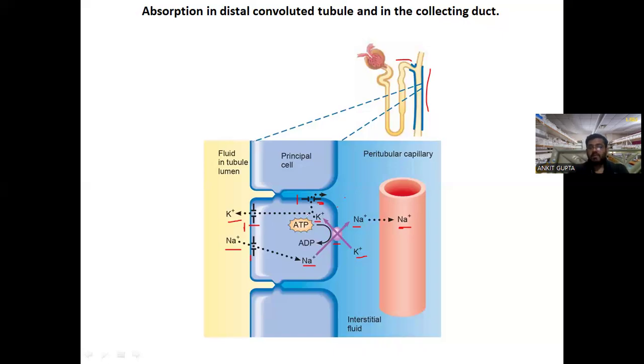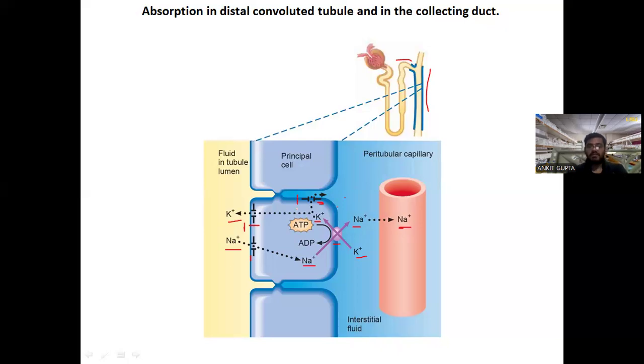So the maximum of potassium ions are secreted back into the tubule lumen. This is how, as we may have studied in the books, the potassium ions are excreted out by the distal convoluted tubule. The potassium ions are excreted out and the sodium ions are reabsorbed in the distal convoluted tubule.